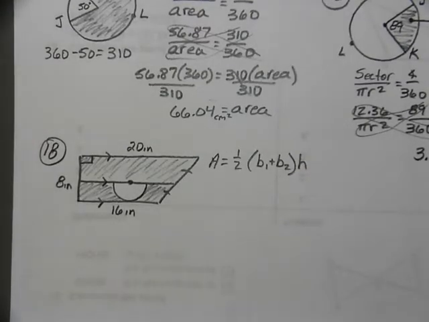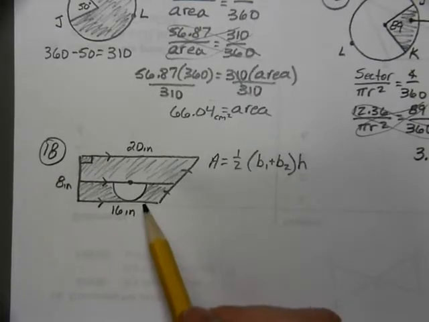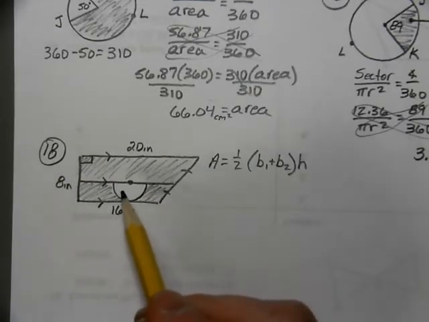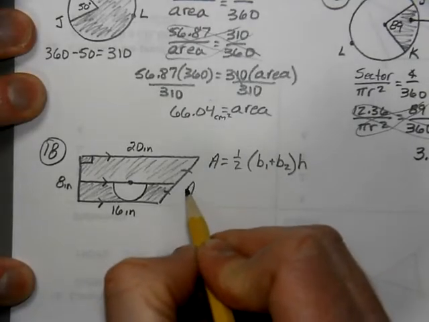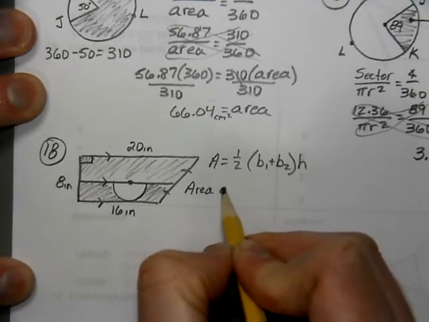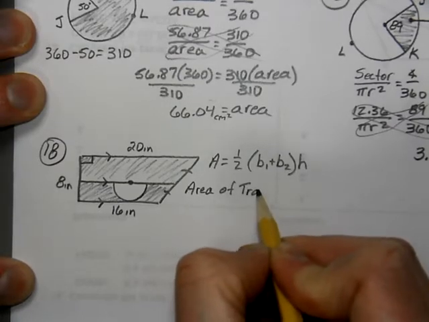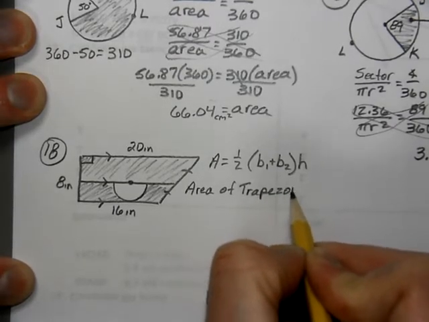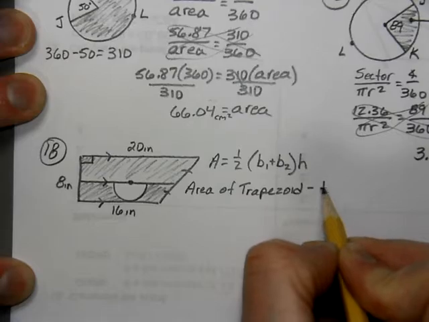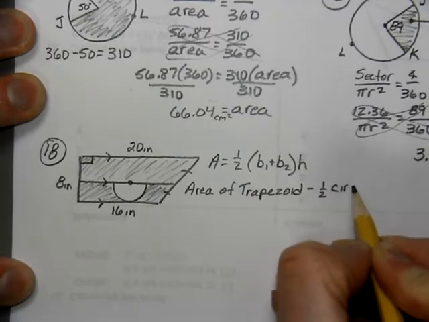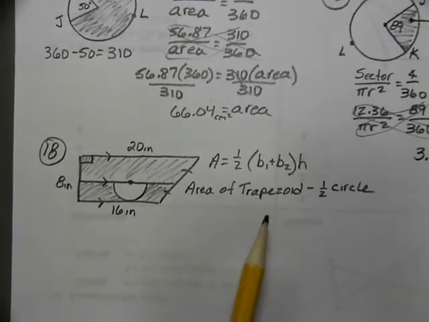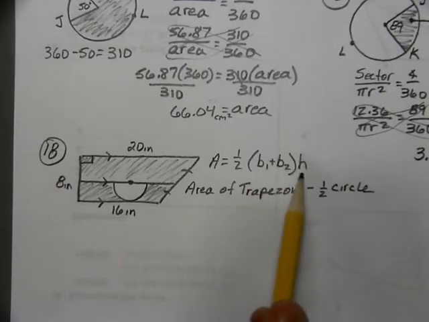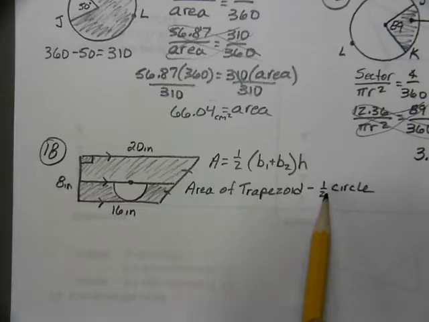We're going to take the area of the trapezoid and subtract out half the circle. Okay, so we first need to figure out what are the bases, what are the heights, what is needed for us to calculate the circle.